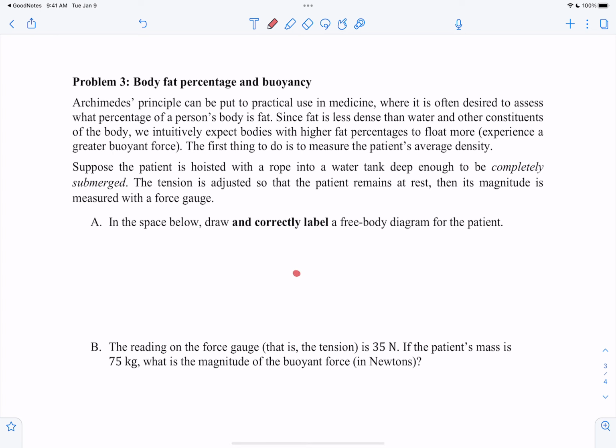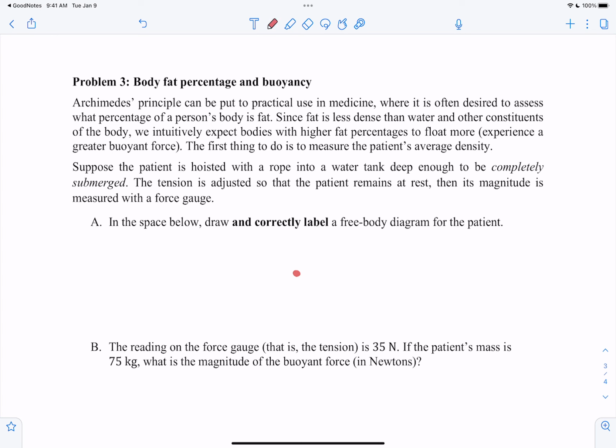Draw a little center circle here, right? What forces are acting on the patient here? Because remember, they're being hoisted with a rope into a water tank and being submerged completely underwater. So we have buoyancy, yes.